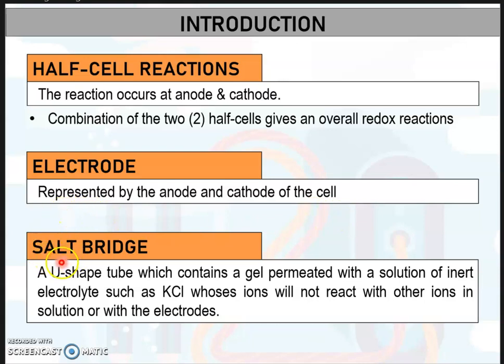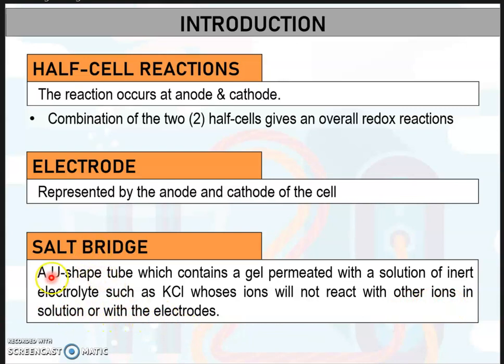Salt bridge. Salt bridge is a U-shaped tube which contains a gel permeated with a solution of inert electrolyte such as potassium chloride, whose ions will not react with another ion in solution or with the electrode.